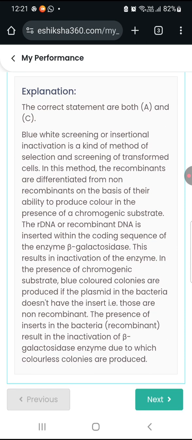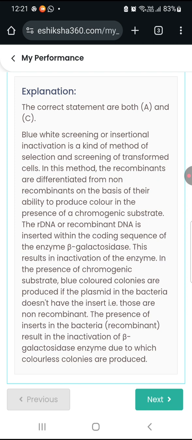Explanation: blue white screening, or insertional inactivation, is a method of selection and screening of transformed cells. In this method, the recombinants are differentiated from non-recombinants on the basis of their ability to produce color in the presence of a chromogenic substrate.